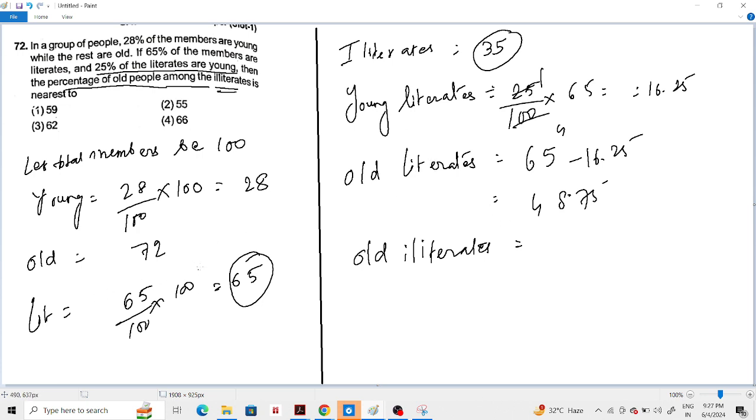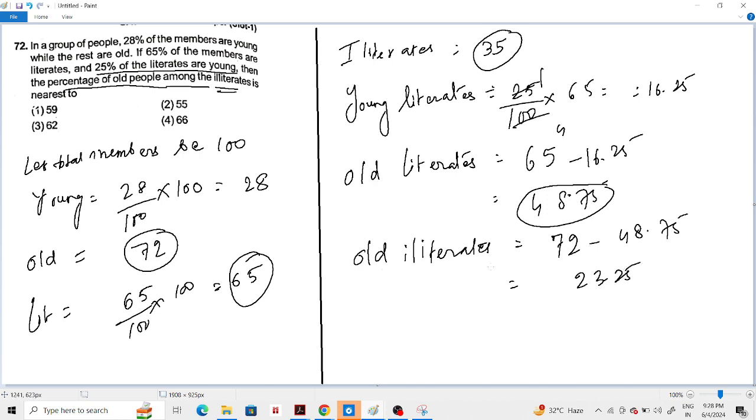Okay, so how many old people were there? 72 people, right? Out of which old literates are 48.75. So how many old illiterates are there? From the total number of old people, we will just subtract 48.75. That will give me 23.25.